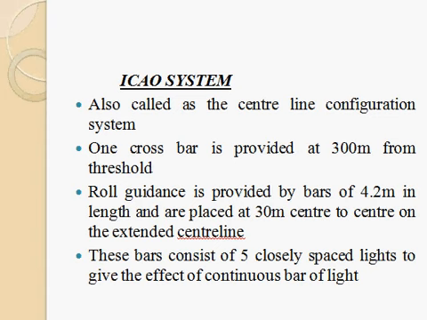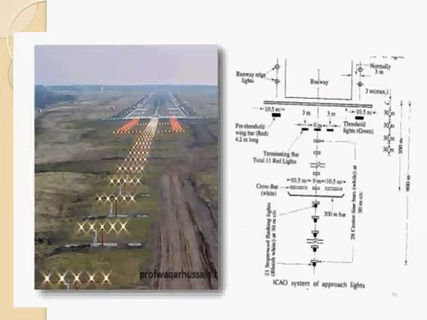Over that you will have a bar of 4.2 meter width, and over that bar you will have 5 closely spaced lights. So like this at a 30-meter gap, and on that a bar of 4.2 meter width with 5 lights like this, 1, 2, 3, 4, 5. So this is the arrangement.